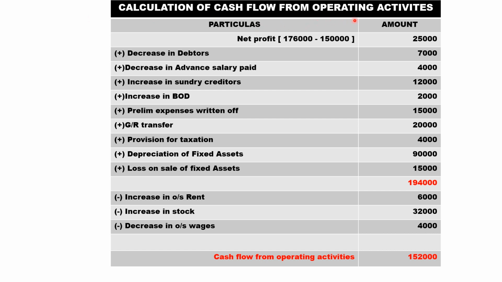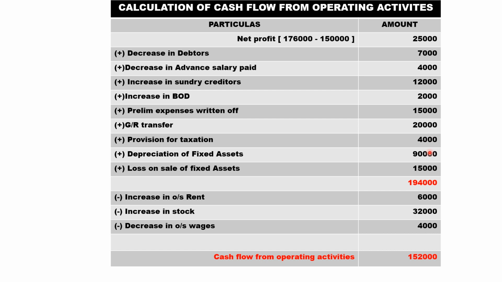Calculation of cash flow from operating activities. Net profit as discussed, current year profit minus last year profit, you get 25,000. Add decrease in debtor, add decrease in advance salary paid, add increase in creditors, add increase in BOD, add preliminary expenses written off, add GR transfer, which is given even in the adjustment called provision for GR.